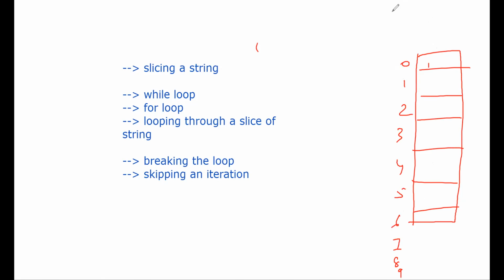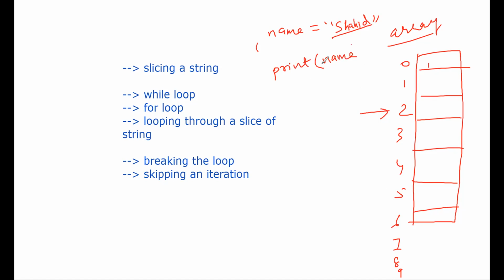I call it, in programming terms, an array. So it's an array of characters, and it is indexed, meaning I can read a specific character instead of reading the complete string. If my variable is called name, and if this is the value this variable is pointing to, then whenever in my program I refer to this variable, I get the complete value, Shahid in this case.